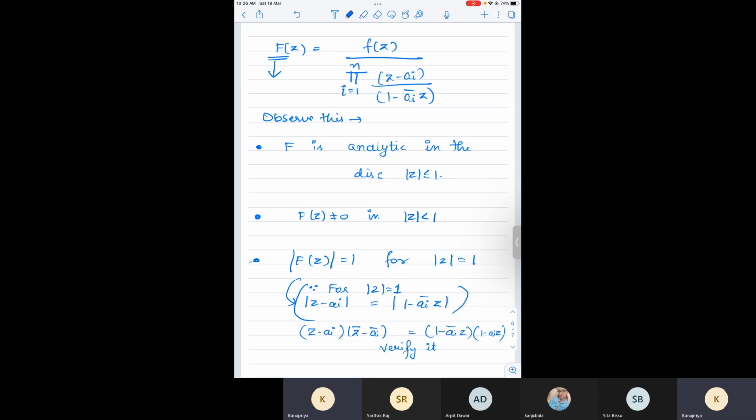Now we have seen that this capital F(z) is non-zero in the disk. Because capital F is also analytic, then 1 by F will also be analytic. So apply maximum modulus principle on F and 1 by F. So what can we conclude using this?